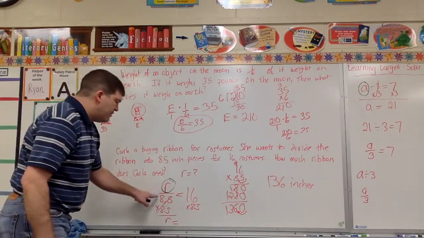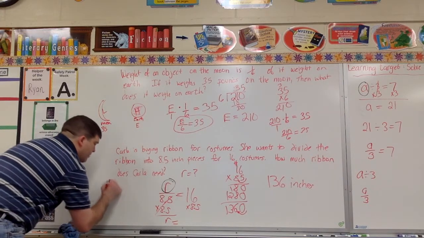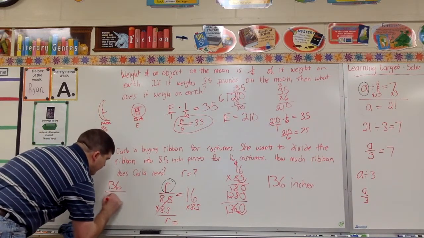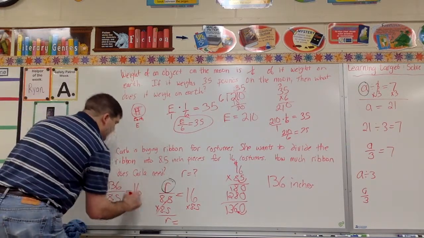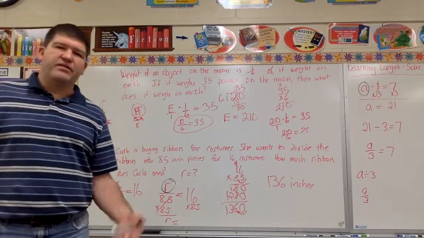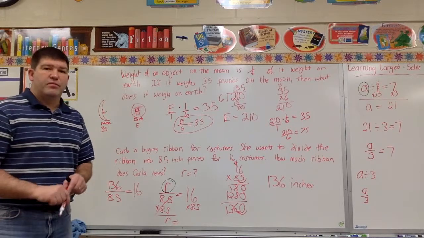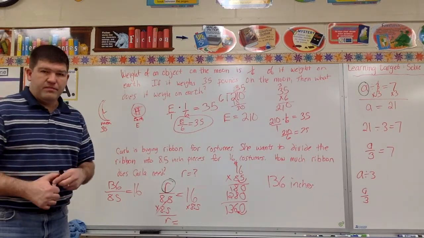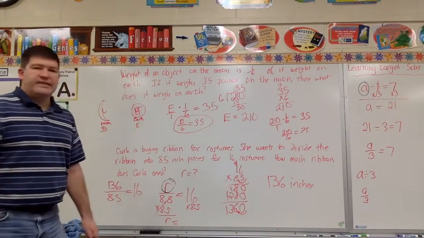So this R divided by 8.5, so 136 divided by 8.5 should equal 16. And I know that I could do it on my calculator, I could do it on the board, but I know that it is going to work, and that will be a true statement. So a total ribbon is 136.